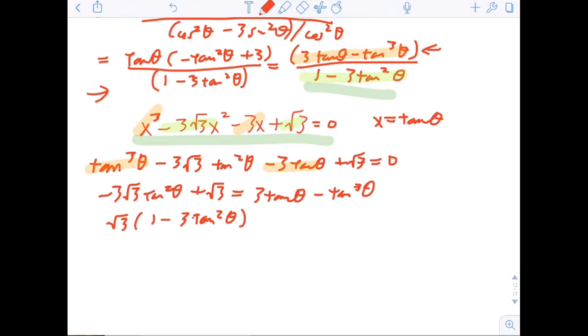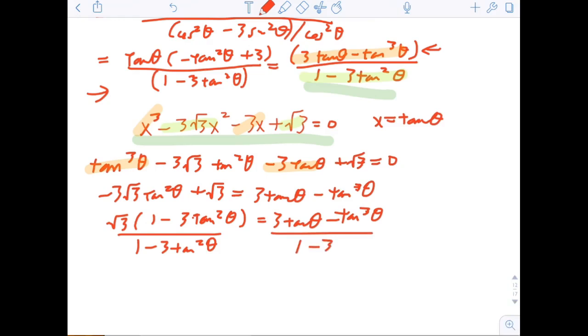And then we could divide both sides by 1 minus 3 tangent squared theta. So the square root of 3 is equal to 3 tangent theta minus tangent cubed theta divided by 1 minus 3 tangent squared theta.